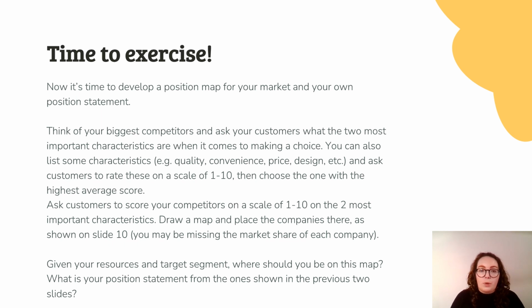You could choose price and quality, for example, as we saw earlier in this lesson. Then you need to understand how customers perceive you based on price in comparison to the others, and based on quality in comparison to the others. That is how you should develop the map and mark your position and those of your competitors.